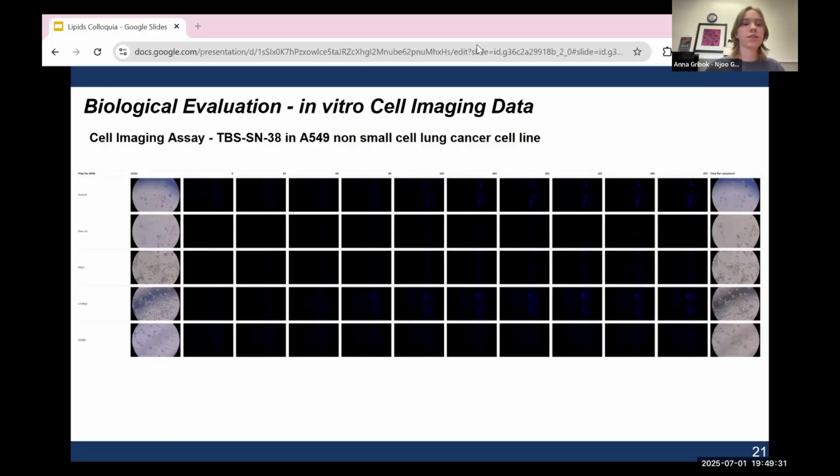After we had done the MTT and LDH data, we wanted to run imaging data to gain a better understanding of what is really happening when we co-deliver our lipids with the FDA-approved drugs that Evie showed earlier. Using TBS SN38, doxorubicin, and ammonified that have blue, red, and yellow fluorescence respectively, we hope to see if our lipids help with drug delivery.